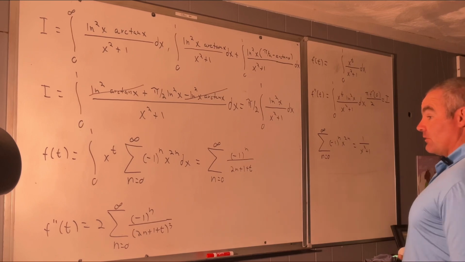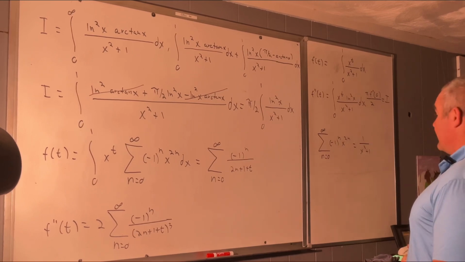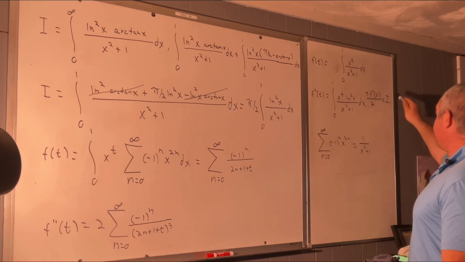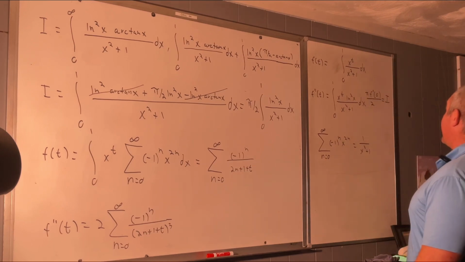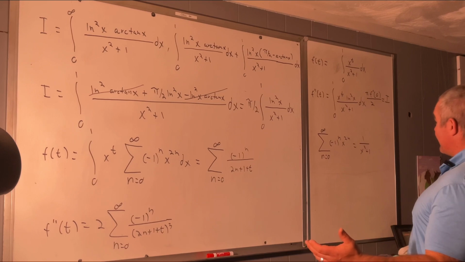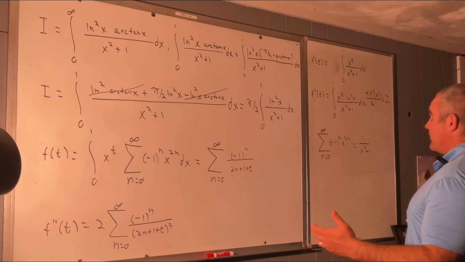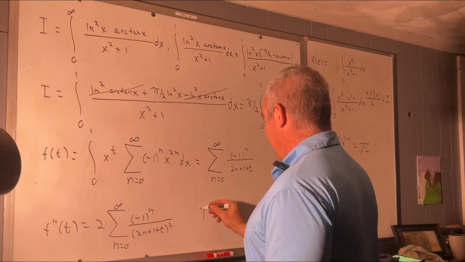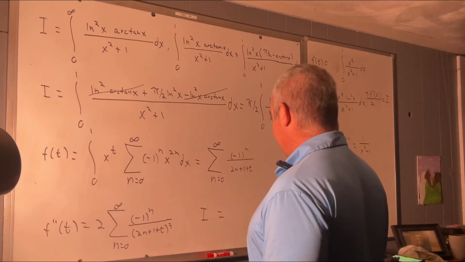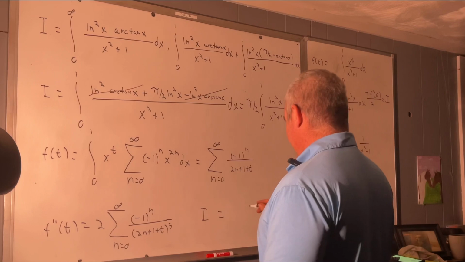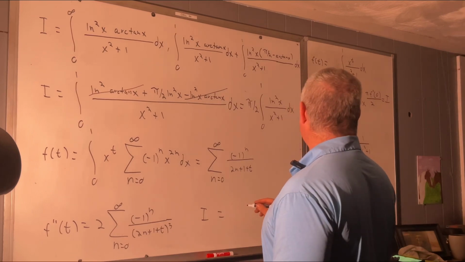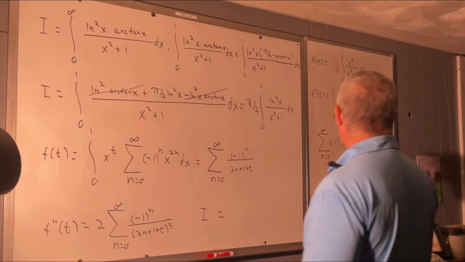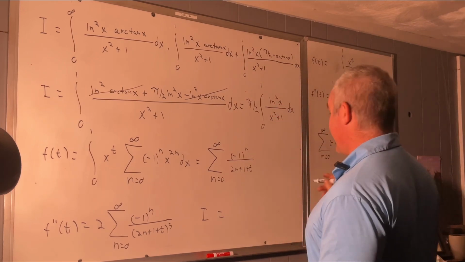Now, literally, all we have to do is use this fact right here, that if we take f double prime evaluated at 0, multiply it by pi over 2, we get I. So, finally, we have I being equal to this thing evaluated at the point t equal to 0, then times pi over 2.